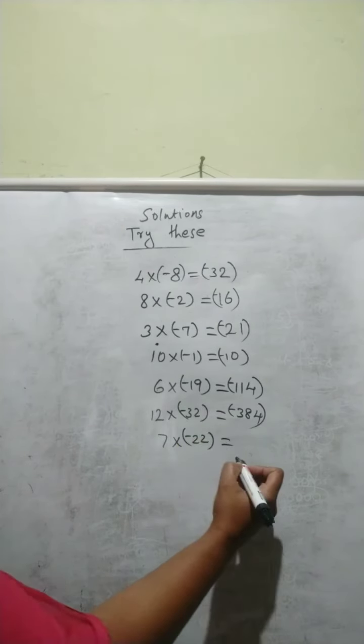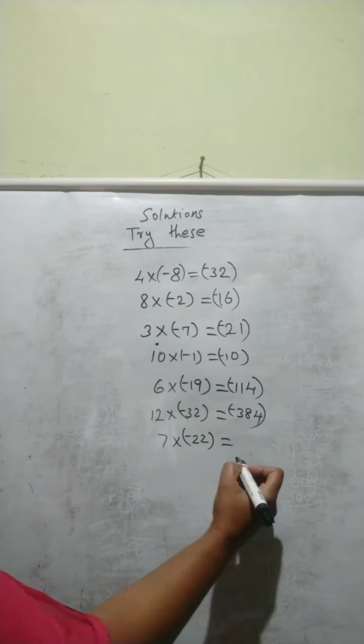Okay, that means if negative 2 is multiplied by negative 2 multiplied by negative 2, what will be the answer? Here we are multiplying 3 negative integers. The answer will be negative, negative 8. But if it was negative 2 and negative 2, the answer will be positive.